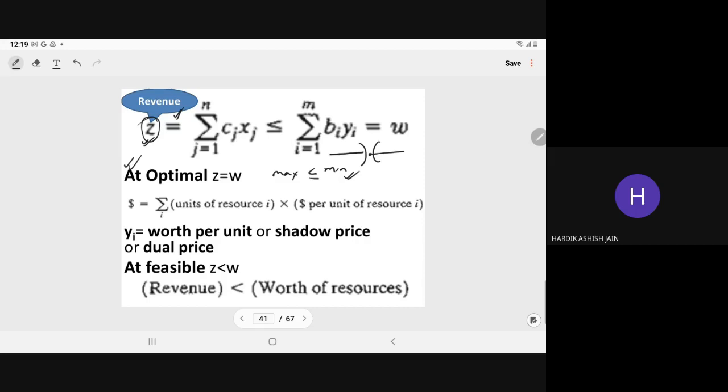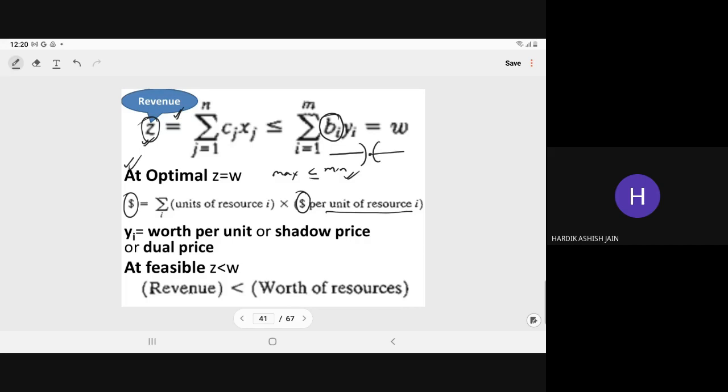And what is z? Z is the summation of the unit resource. This money is nothing but the unit resource and the cost of the unit resource, or the importance of the unit resource.